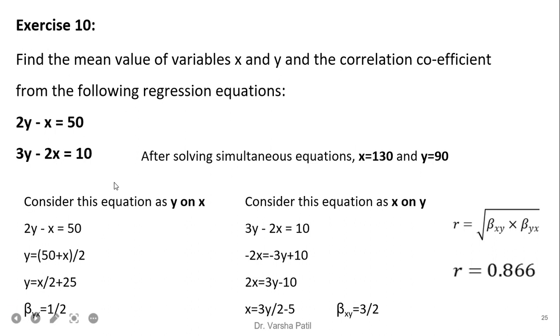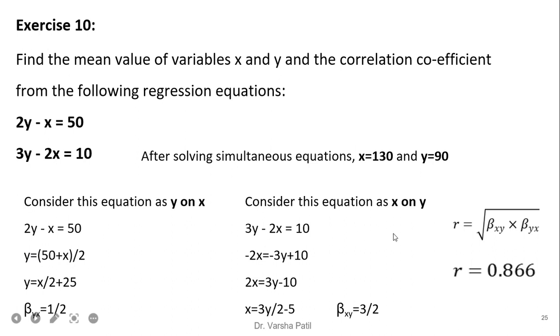Now here we require to find y on x and x on y. For the first equation we make the assumption that it is y on x, and for the second equation we assume x on y. Now for the first equation 2y minus x is equal to 50, here x is the independent variable, so we write y is equal to.